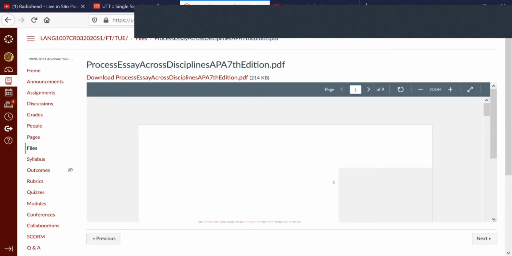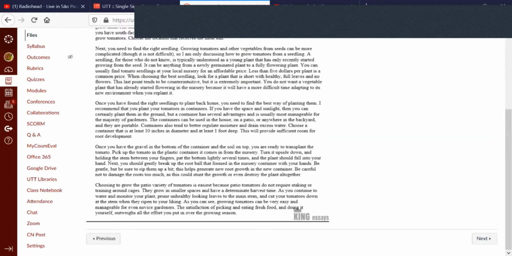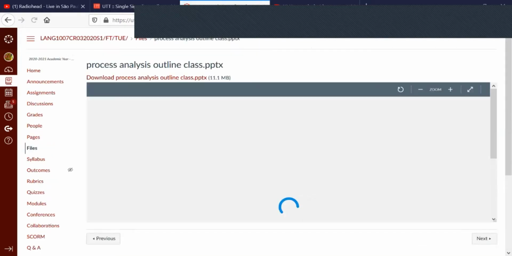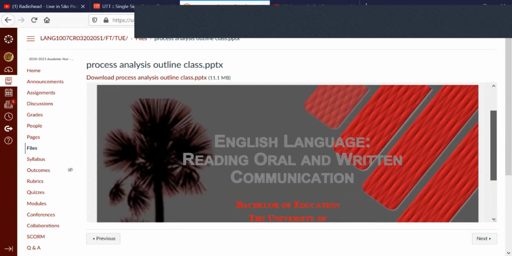So it's process, step, stages, and that's how you break it down. So you have two examples here. And now let's look at how you would do a process analysis outline.